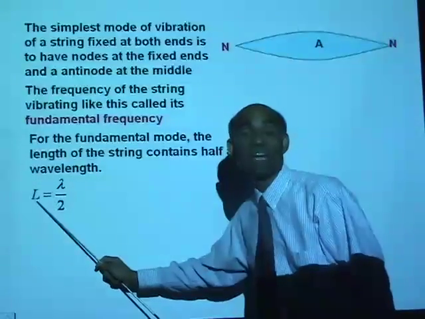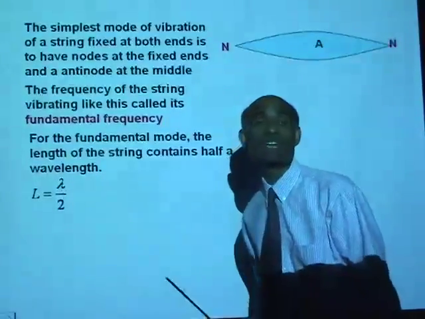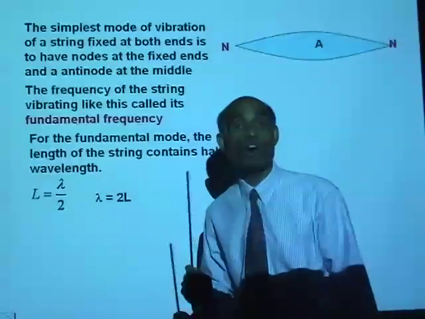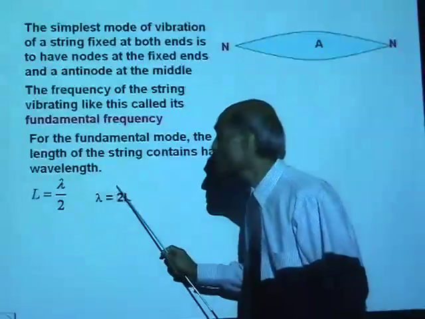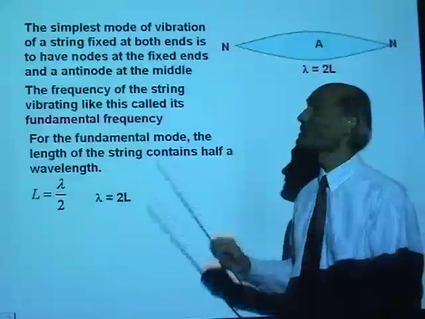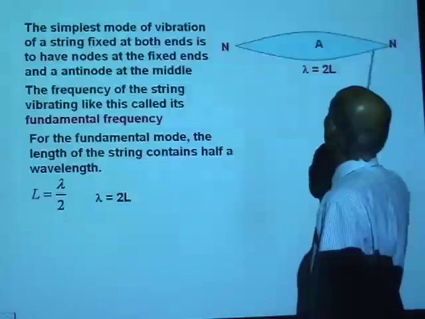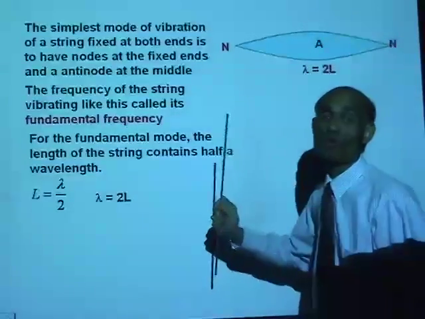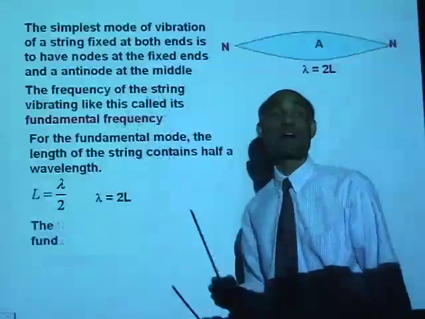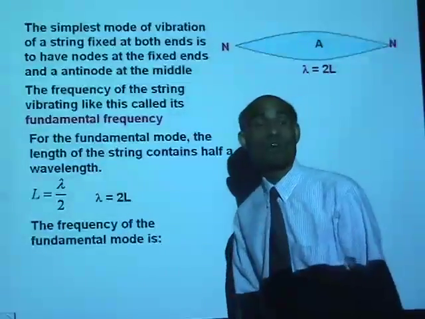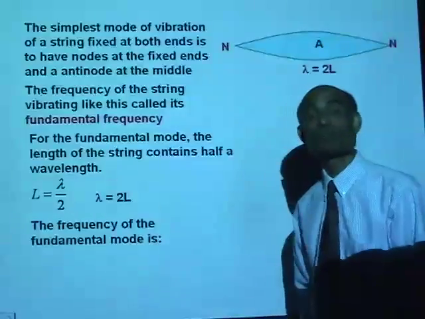We will say the length L of the string equals lambda by 2, or the wavelength of that stationary wave will be 2 times the length of the string. So the length of the string now contains half a wavelength, or the wavelength will be 2 times the length of the string. Now, what is therefore the frequency of the fundamental mode?